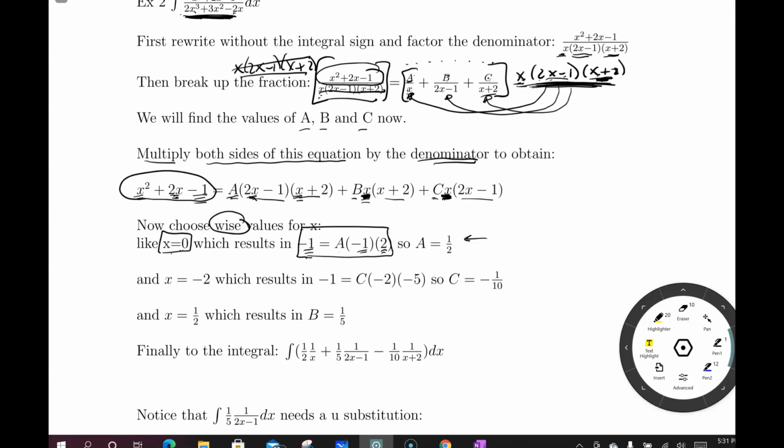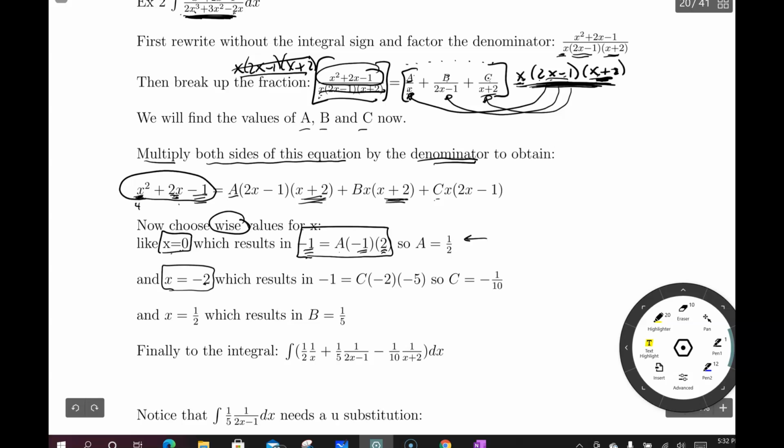Okay, so then I go back to the drawing board and I look for the next wise number to plug in. Again, not random numbers, but can you see that x equal -2 would be a wise number because x equal -2 will make these two terms 0, and I'll just be left with this and this. So let's plug in x equal -2.